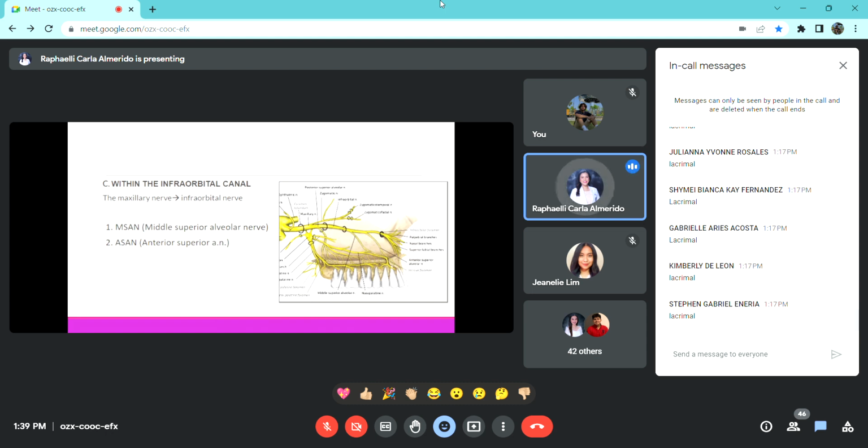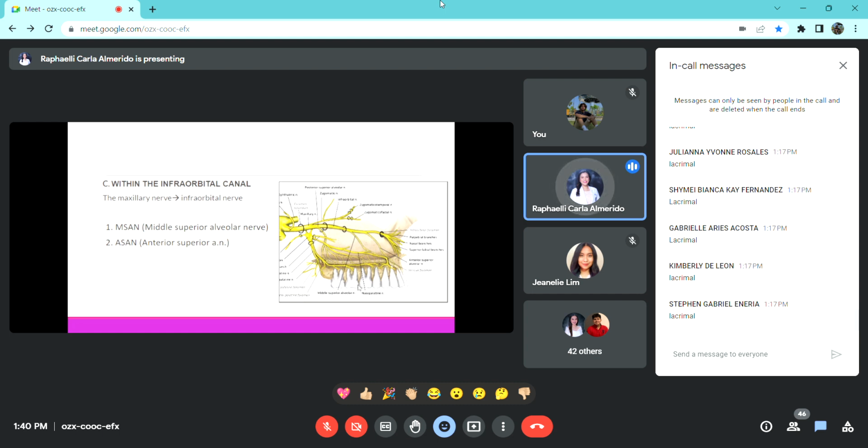So again, going back, the infraorbital nerve has branches. Your MSAN, or middle superior alveolar nerve, and your ASAN, or anterior superior alveolar nerve. Kita nyo ba? Dito. So, these are the two branches na, can you see my cursor? So, this is your ASAN, this is your MSAN. So, I said kanina that your PSAN innervates your first, second, and third molar.